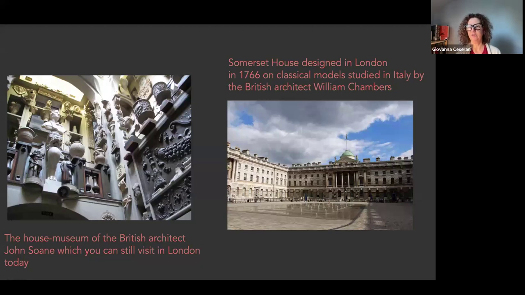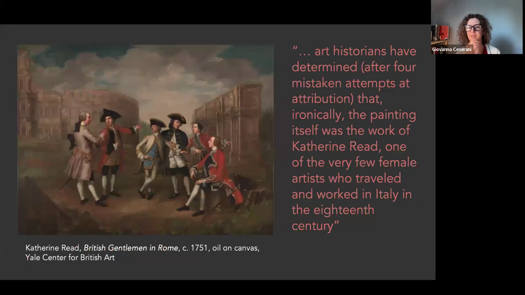And when I talk to students about this, I call them almost like the selfies of the time, because these were portraits where the main objective was to communicate to people who would see them back home that you had gone to Italy. In this case, we have six young British elite men.